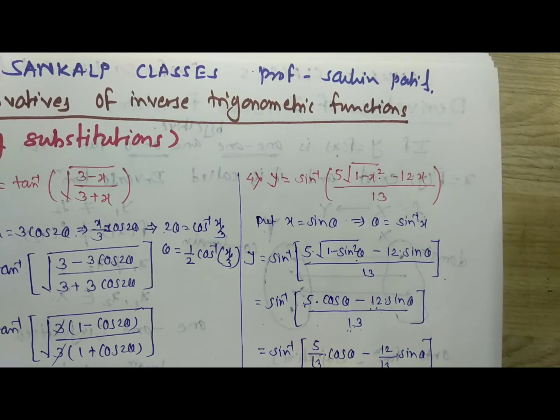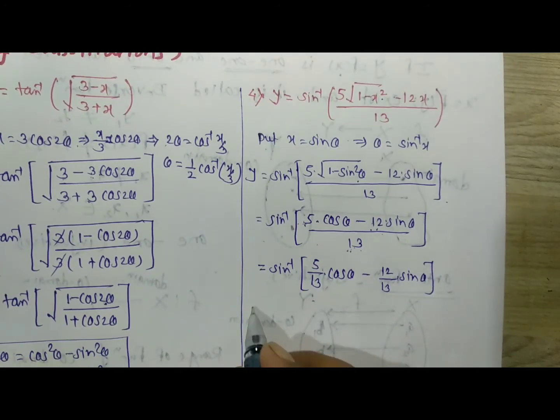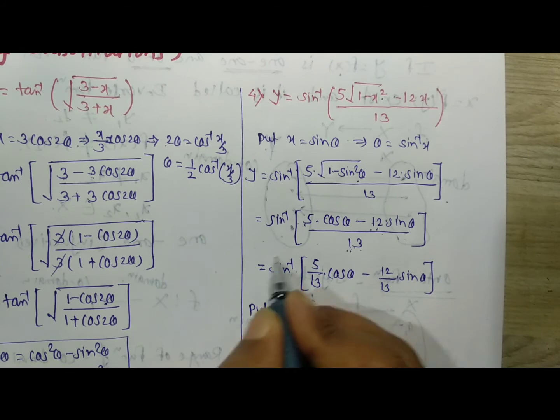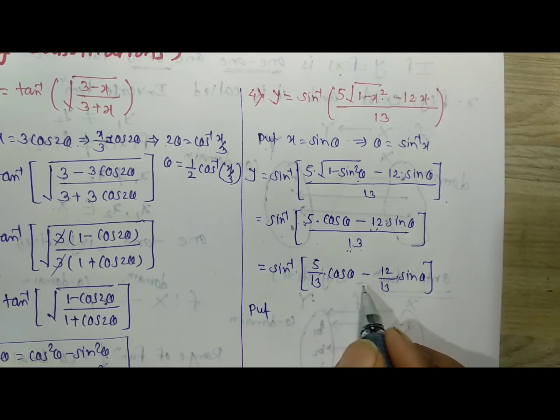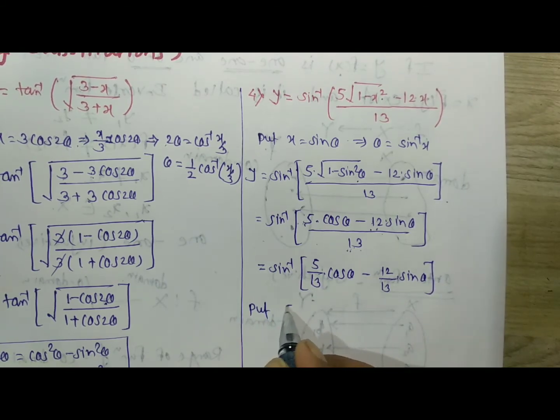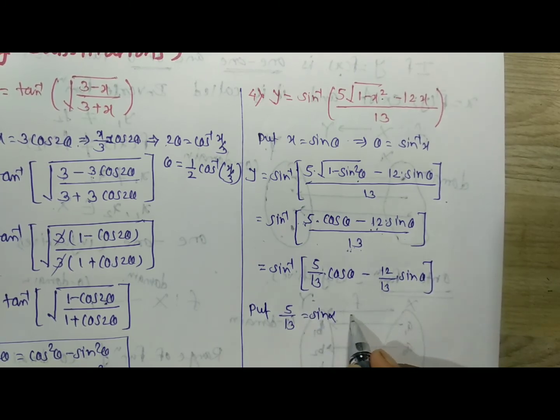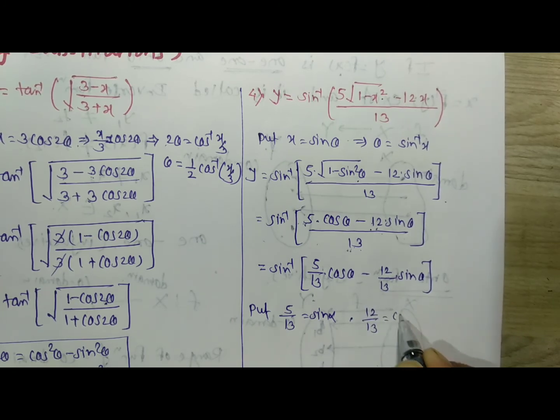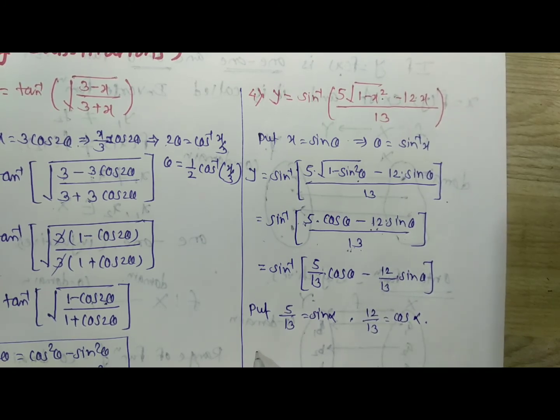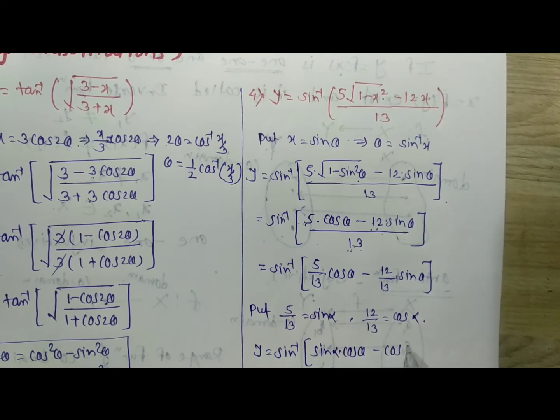Now sine inverse is outside, and therefore we have to make a substitution here: 5 divided by 13 is equal to sine alpha, and as usual 12 divided by 13 becomes cos alpha, and therefore y is equal to sine inverse inside the bracket sine alpha into cos theta minus cos alpha into sine theta.